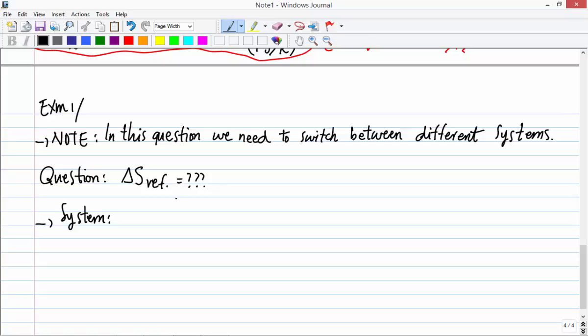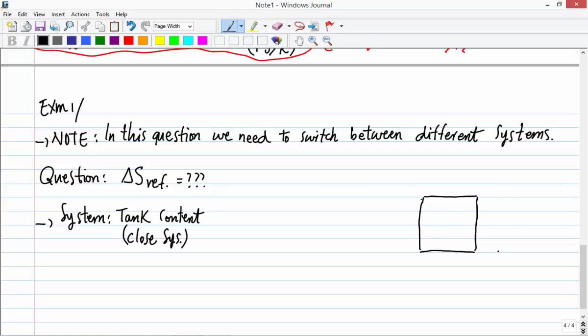Obviously, it's asking for the total change in refrigerant, so I need to take the tank content as my system. Okay, and it's a closed system. So now I need to draw my system. It contains all solid lines because it's closed. There's no opening, no dashed line.